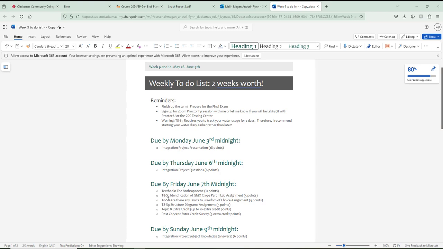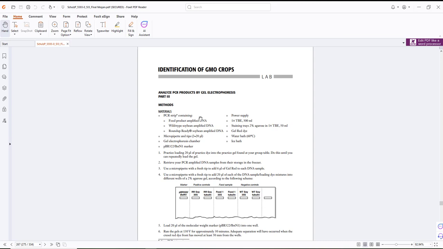But first, let's get into our 3 activities this week, starting with the identification of GMO crops. We talked about GMOs last week. Basically, the PCR technique was used where the gene was isolated and then amplified through PCR, polymerase chain reaction.